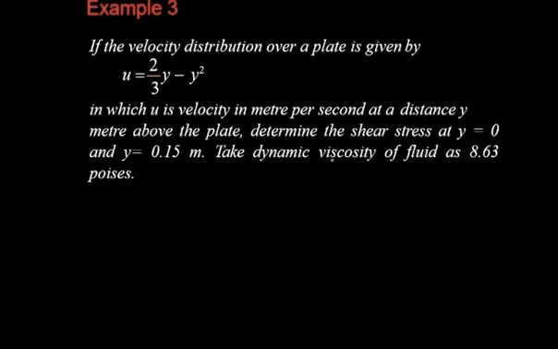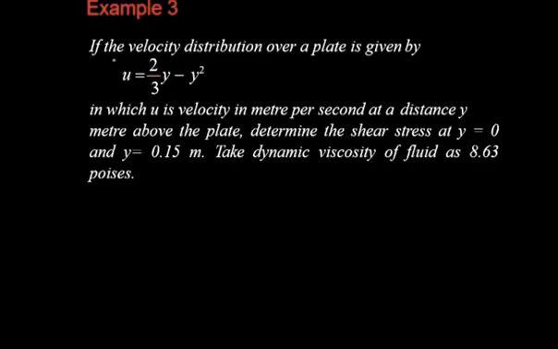If the velocity distribution over a plate is given by u = 2/3 y - y², in which u is the velocity in meter per second at a distance y meter above the plate, determine the shear stress at y = 0, and also at y = 0.15 meter. Take dynamic viscosity of fluid as 8.63 poise.